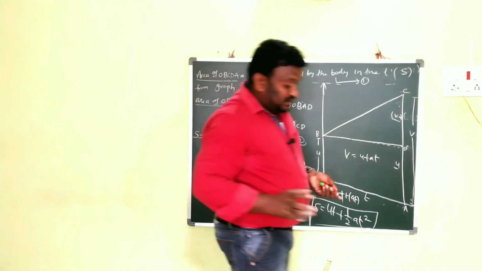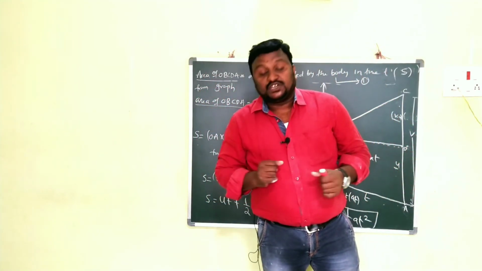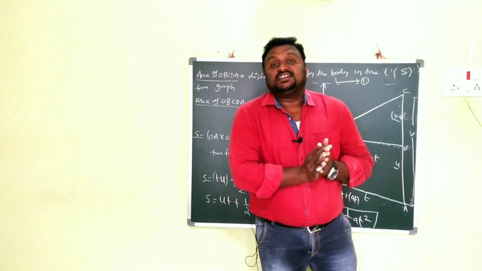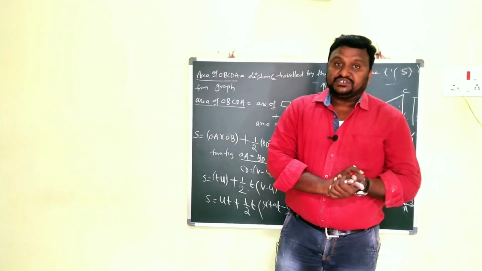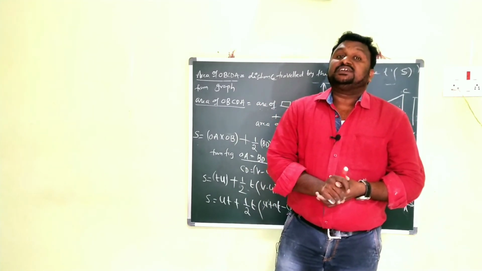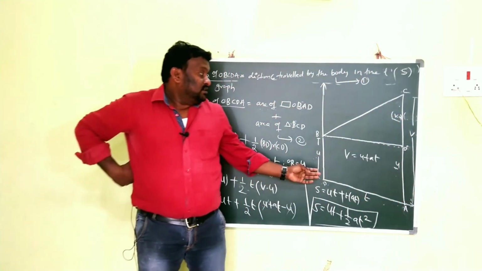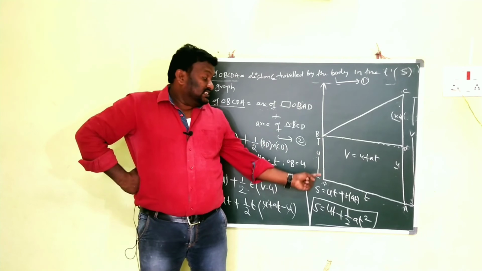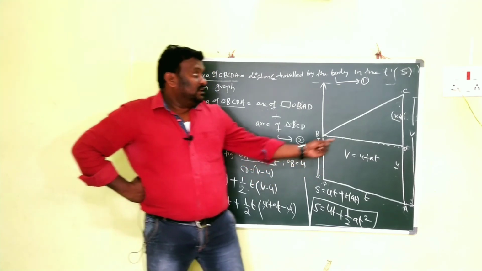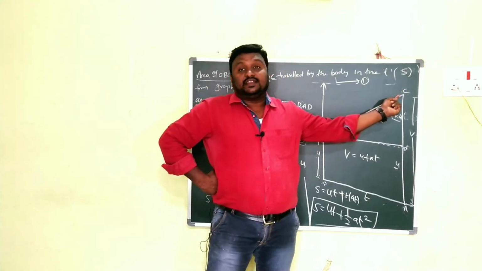Children, look here. First important question, we have to watch carefully. We have one condition: the body is moving with uniform acceleration. Then we have to derive S is equal to UT plus half AT square by using the graphical method. So in the figure, starting at the point B, there is some velocity for the body, that is U. After time t, its velocity is V. Now BC is the line.